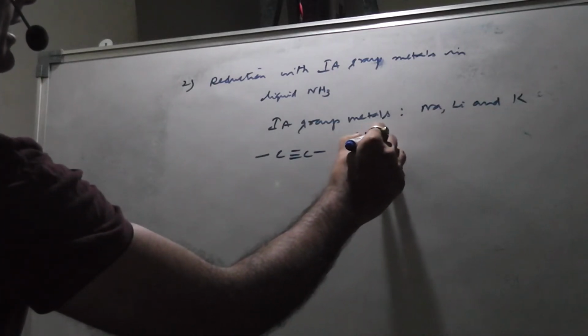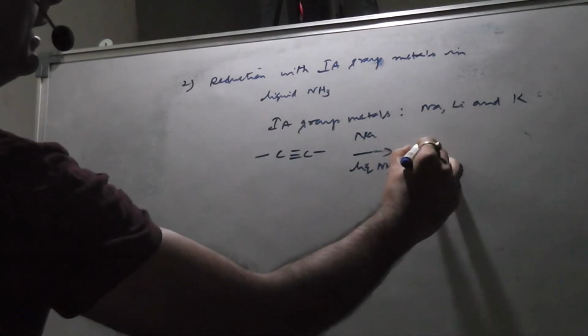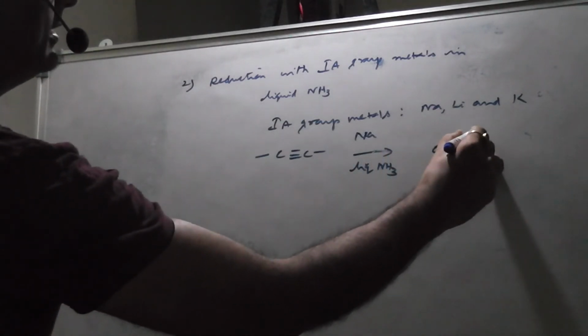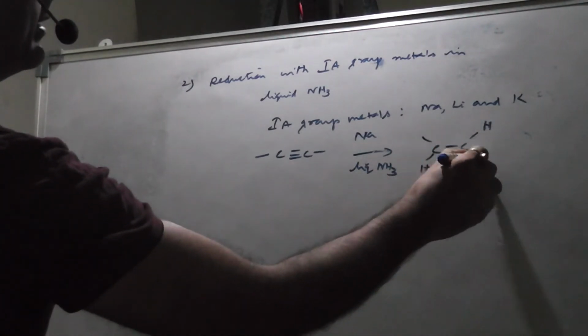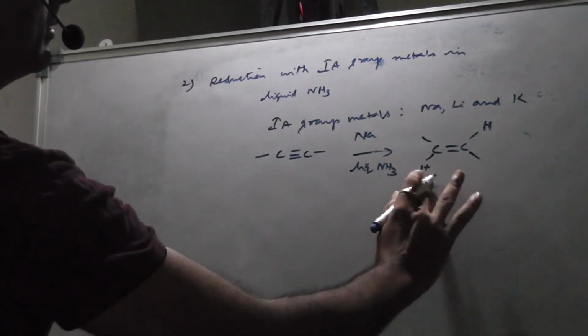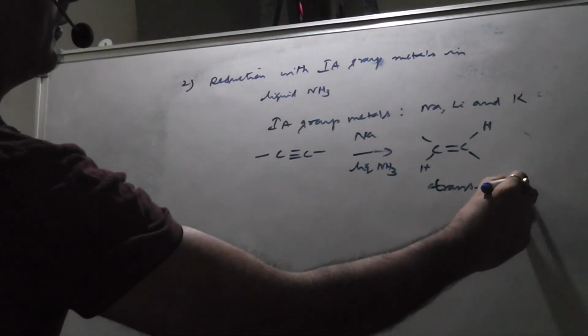So let us look at Na in liquid ammonia. We will have a C double bond C, a trans olefin, as the product.